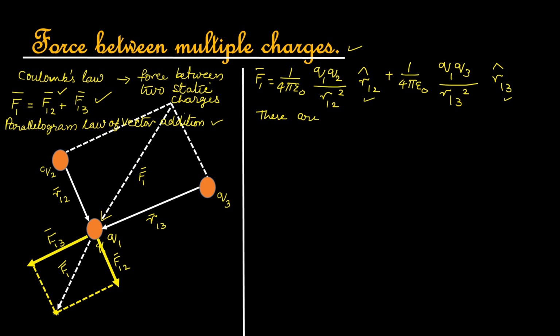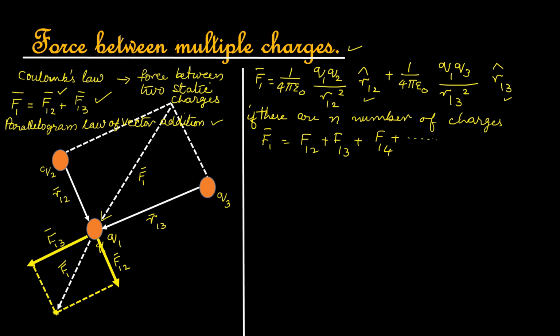If there are n number of charges, then we will have to consider the force exerted by all the charges. Then F1 will be equal to F12 plus F13 plus F14 plus a large number, we will consider there are n number of forces, plus F1n.